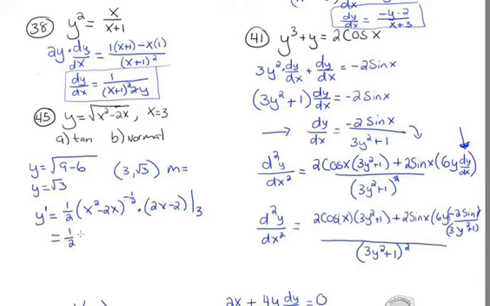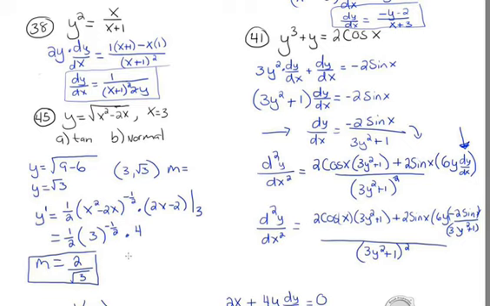So I get 1/2 of, again, 9 minus 6, so I get 3 to the negative 1/2 times 6 minus 2, times 4. So let's clean this up. 1/2 of 4 is 2. 3 to the negative 1/2 would be a 3 on the bottom as a square root. So there's your slope.